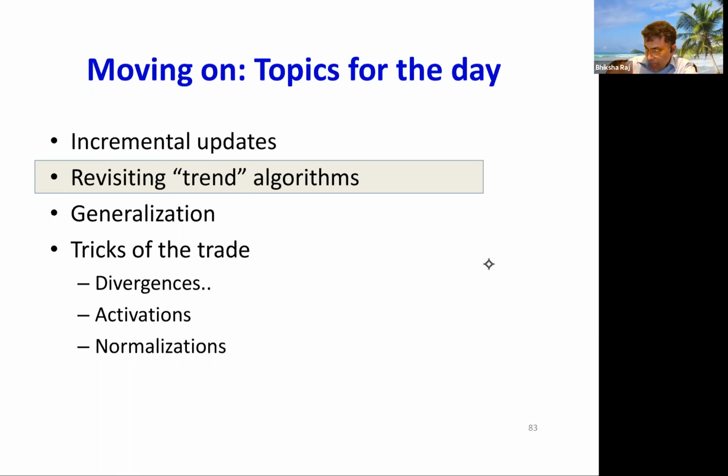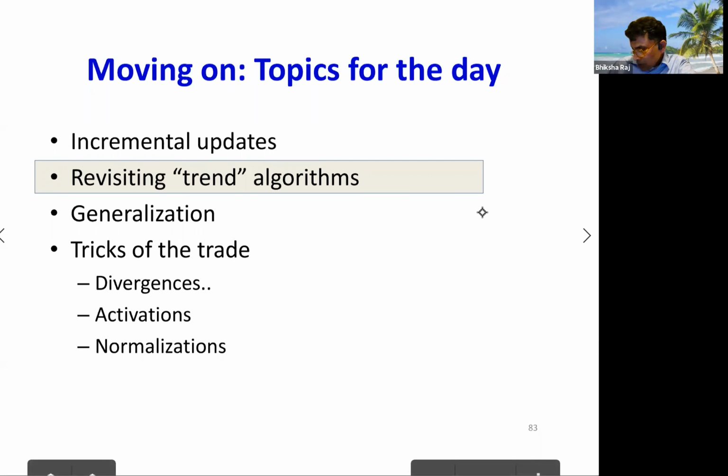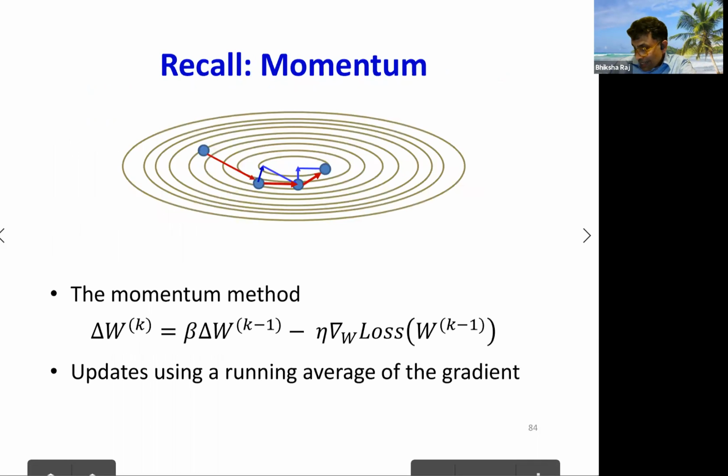So this causes a variation in the updates, and it causes your gradients to oscillate around. And so the trend methods smooth out the effects of the variance in the loss function across iterations, and so the trend methods end up becoming somewhat critical for optimization.